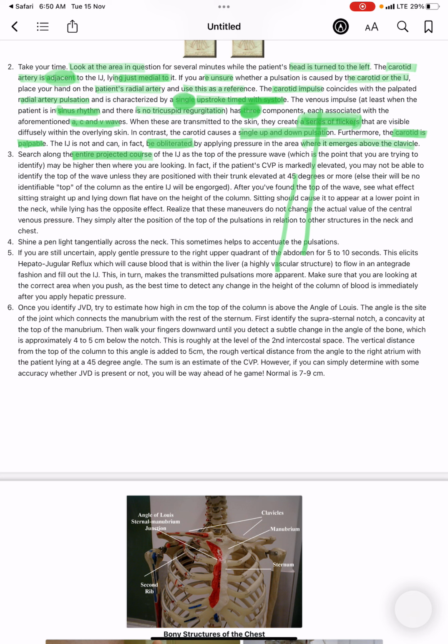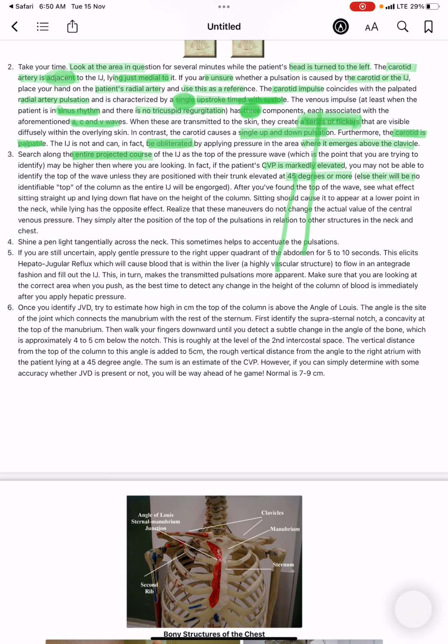In fact, if the patient's central venous pressure is markedly elevated, you may not be able to identify the top of the wave unless they are positioned with their trunk elevated at 45 degrees or more.